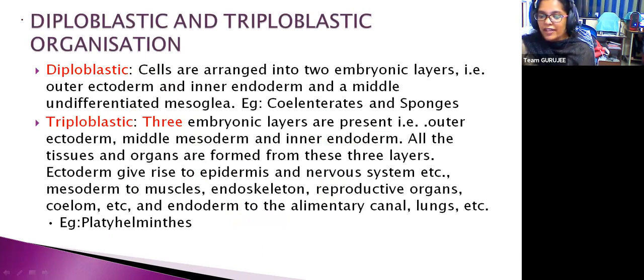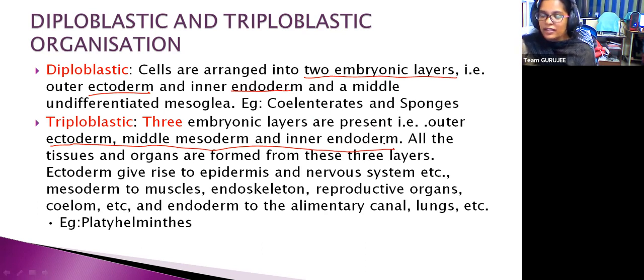Based on their embryonic structure, there are two types, diploblastic and triploblastic. Diplo means two. The embryo has two embryonic layers, ectoderm and endoderm. In case of triploblastic, they have three layers: ectoderm, mesoderm, and endoderm.